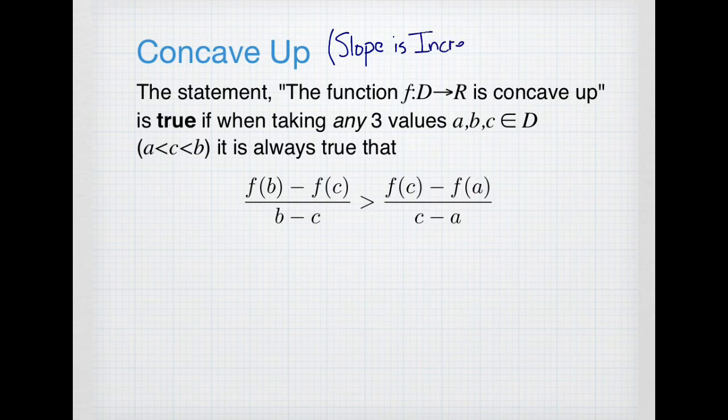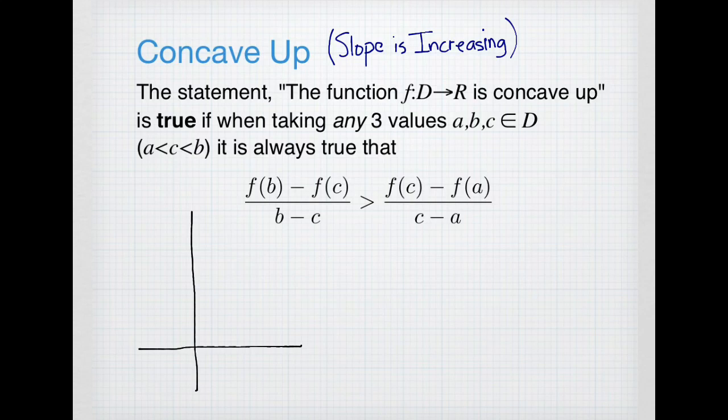I've given here the definition of a concave up function. And formally it means that if you take any three values from the domain and put them in order, so a and b are my edges and c is in the middle, that it's always true that these formulas have an order. And if I look at them, I want to notice that it's a slope.